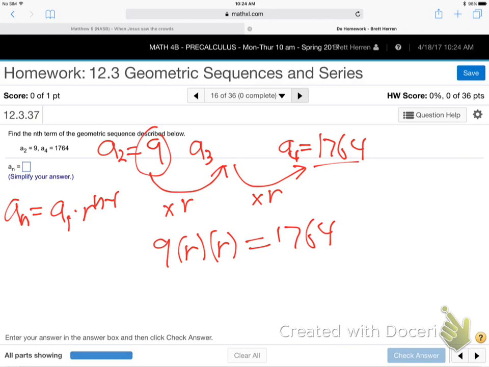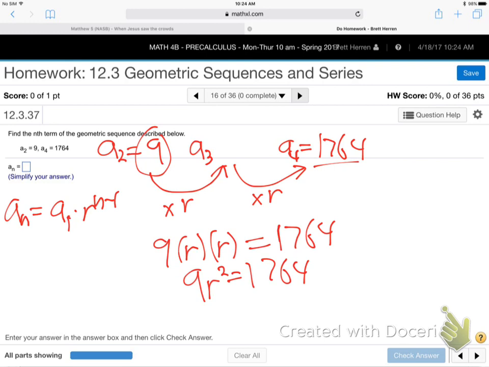Whatever they're multiplying by every time, they did it twice. So 9r squared is 1764.